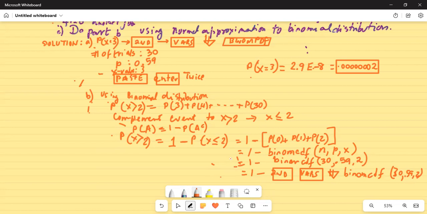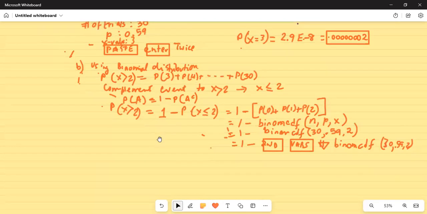So if I create some more space, that will be equal to 1 minus, second button, then verse button, then we scroll down to CDF, binomial CDF.